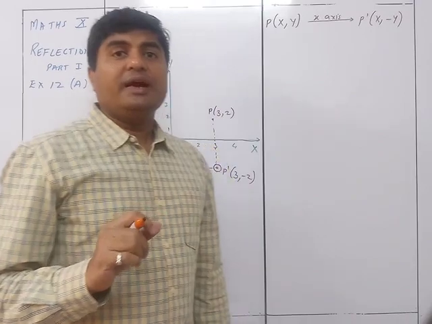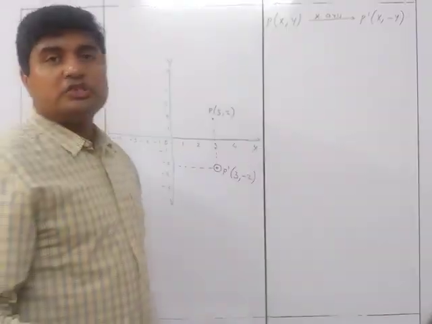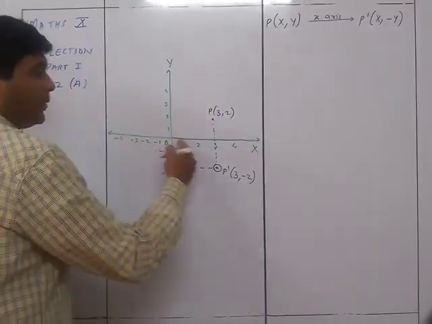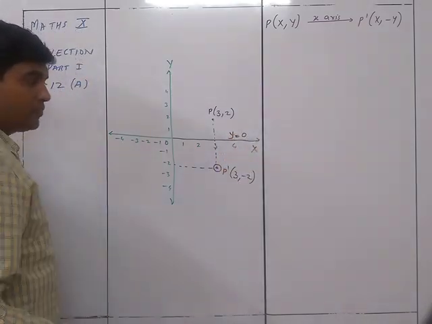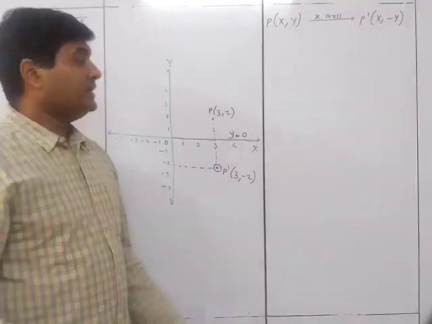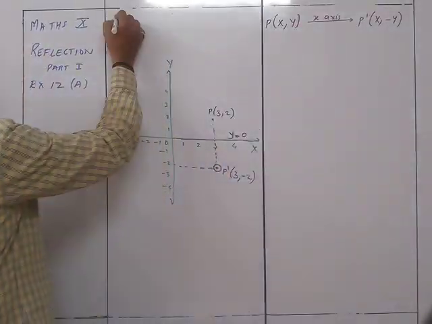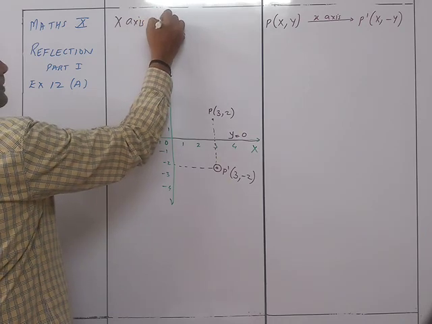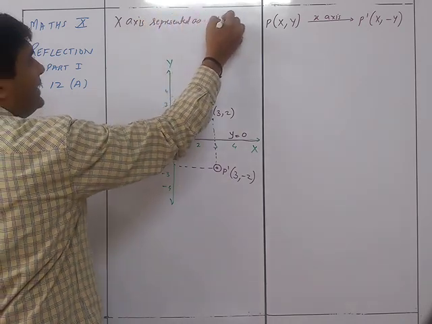The x-axis can also be denoted by an equation: the equation of this line is y = 0. So the x-axis is represented as y = 0.